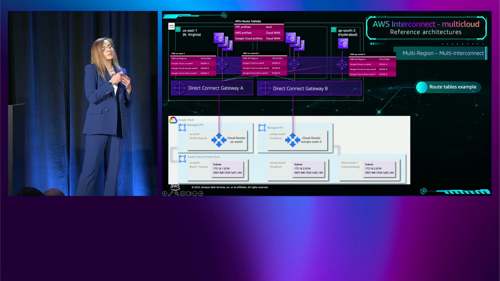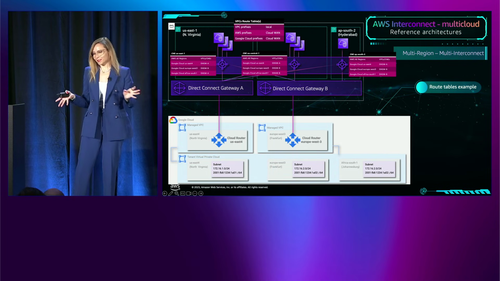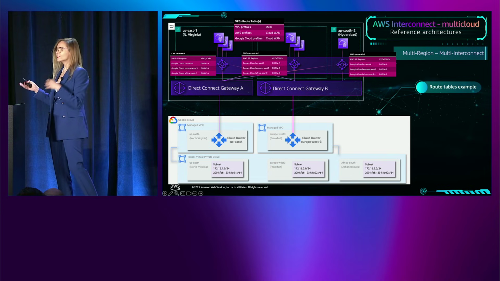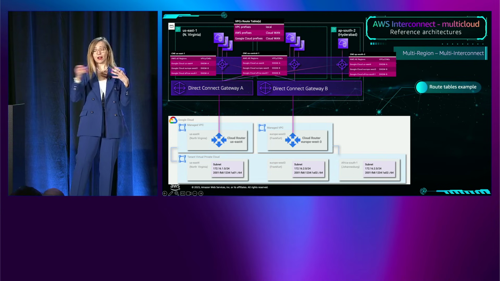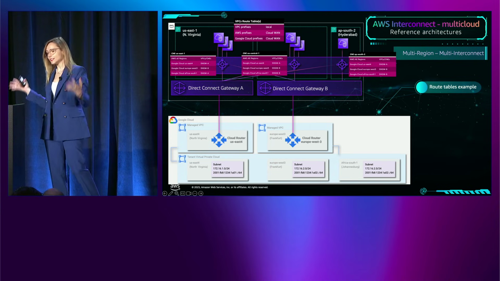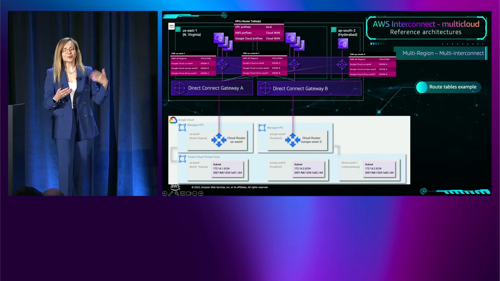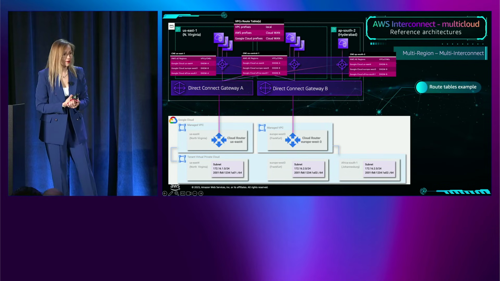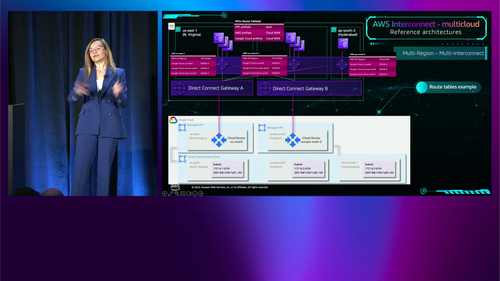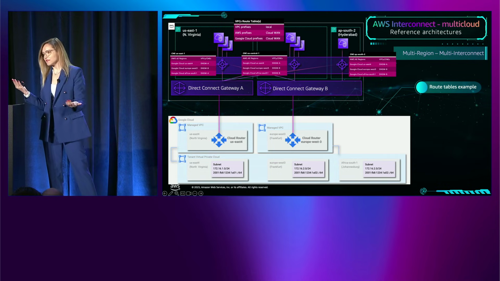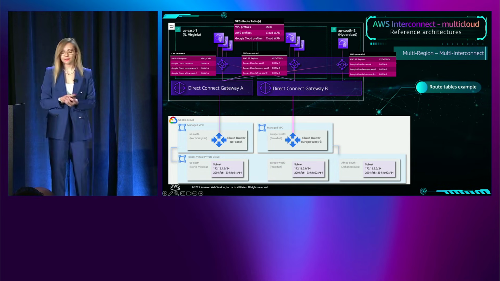It's totally up to you how you want to route those, depending on how you think about how your workloads are deployed and what the connectivity options are. You could also say that the CNE in US East 1 routes towards everything in Google Cloud using Direct Connect Gateway A. Totally good.